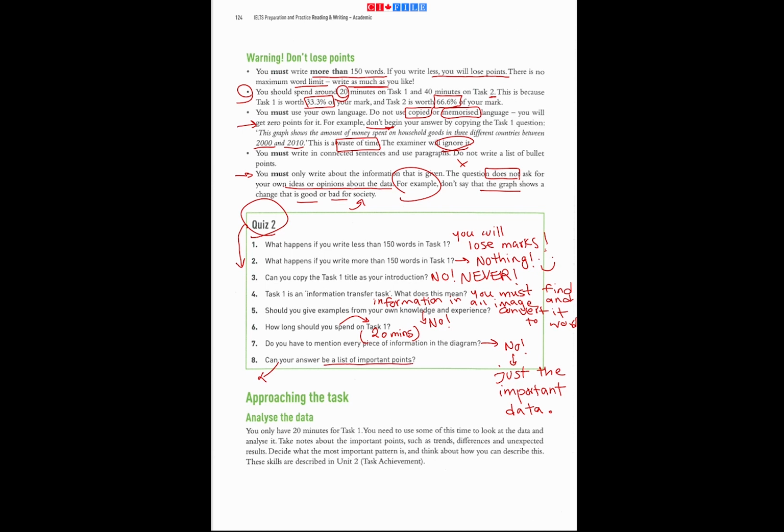Can your answer be a list of important points? The answer is no. You need to write in connected sentences to describe the relationships in the data. For example, the sequence of events or cause and effect relationships.